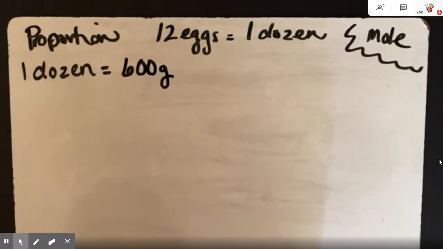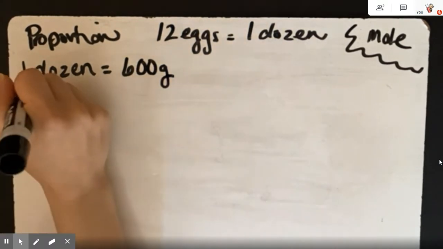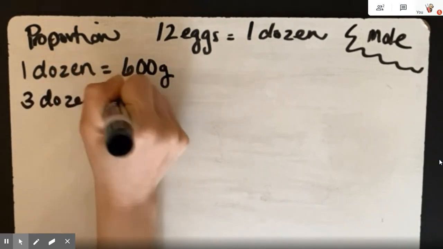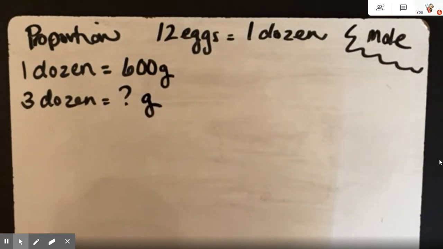Now we can think about, what can we do with that information? There's a lot of questions we could answer. For example, how heavy would 3 dozen eggs be? In other words, what is the mass of 3 dozen eggs, or how many grams are 3 dozen eggs?